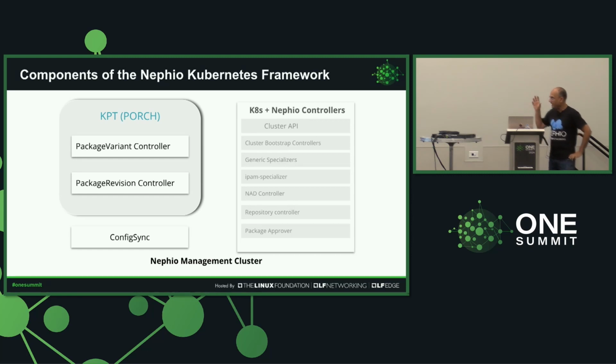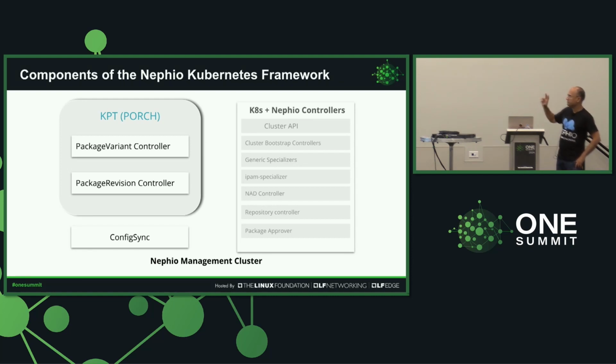So the package variant controller is a Nephio controller. What it does is it grabs the intent from a repo, and then it hydrates or mutates it, and then drops it into the repo for the edge site. And how is that hydration mutation done? It's done through a variety of KPT functions and associated controllers.